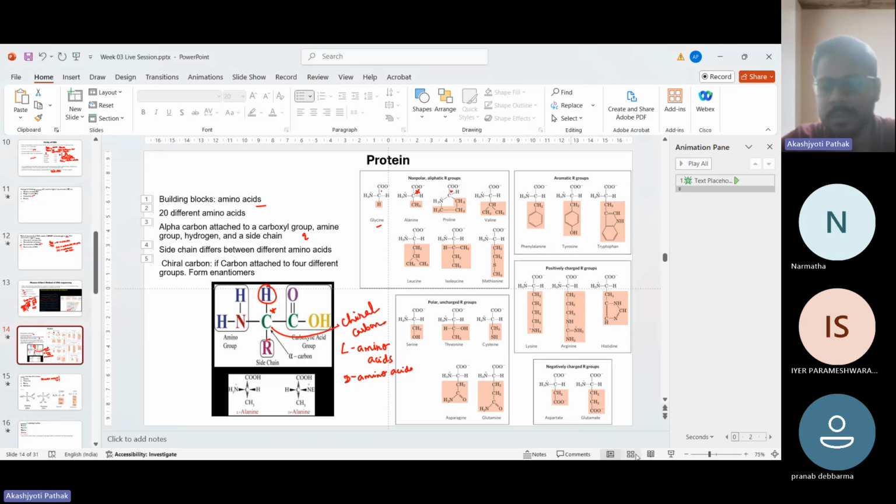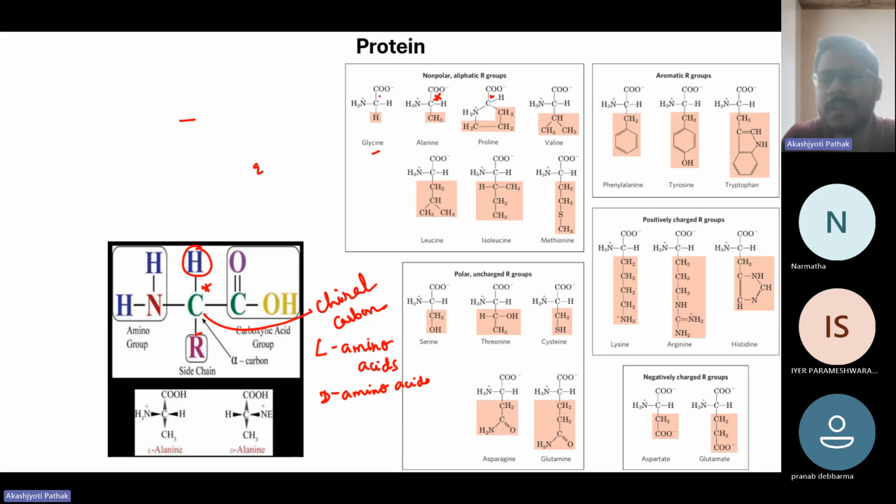Tryptophan. How are you saying tryptophan? So if you see the structure of tryptophan, this is the structure of tryptophan, right?